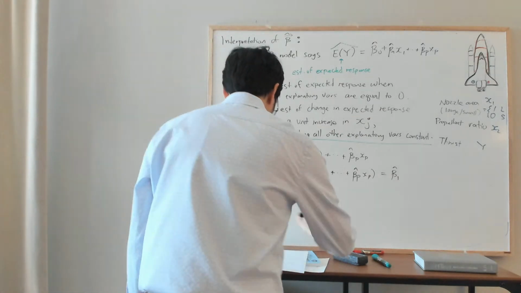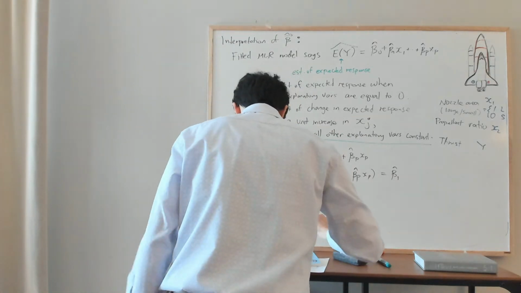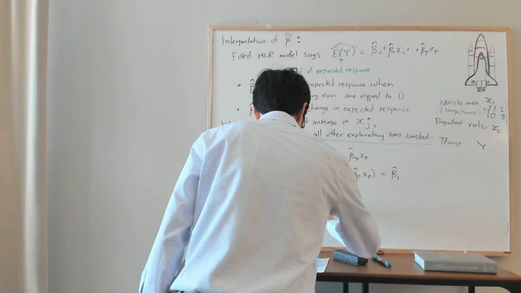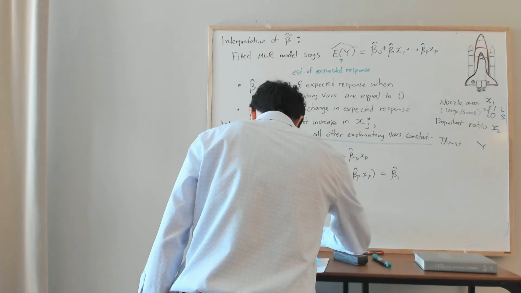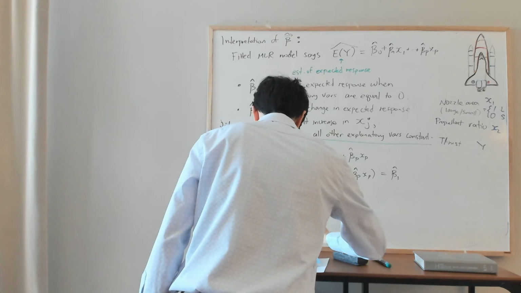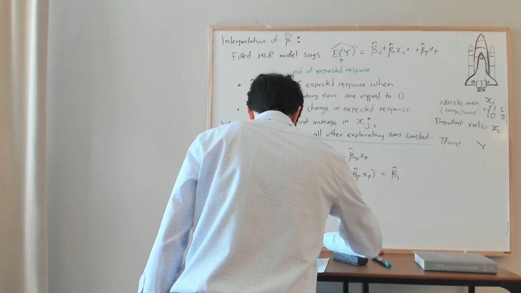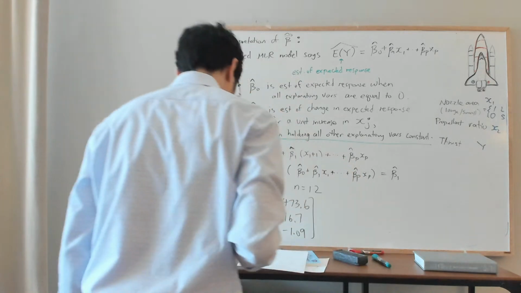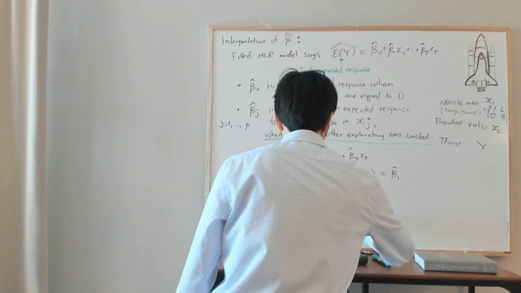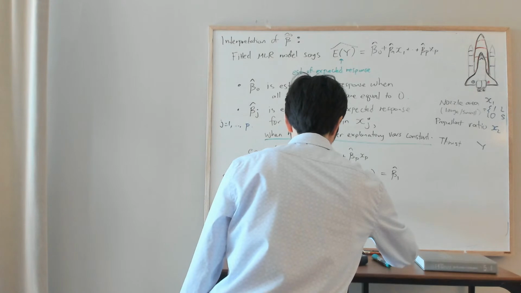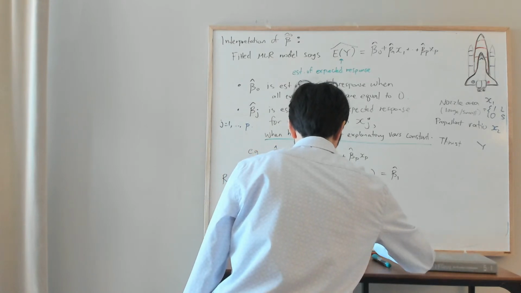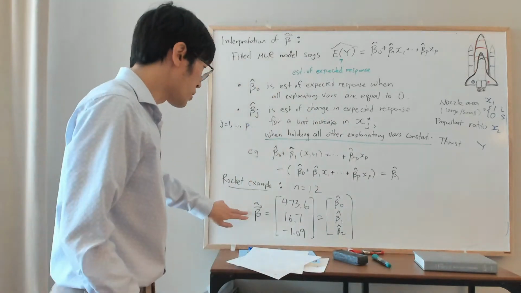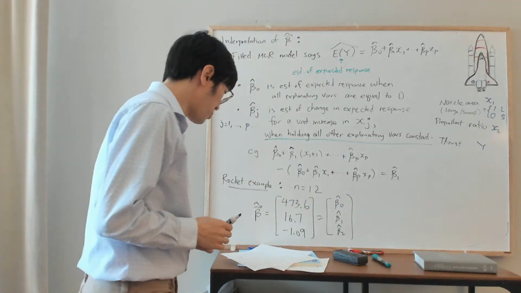My vector of parameter estimates came out to be 473.6, minus 16.7, and minus 1.09. We take this as given for now. That's our parameter estimate.